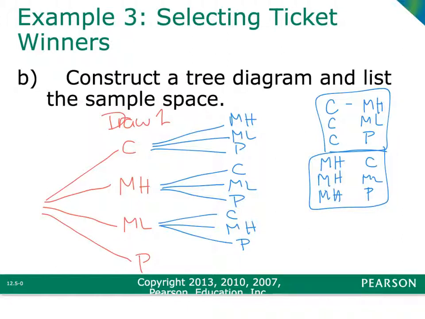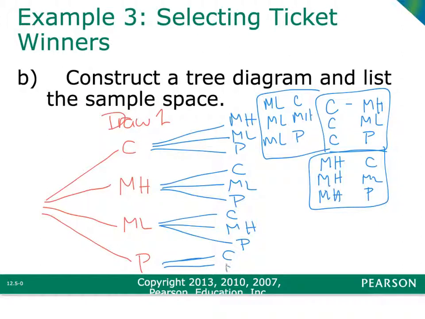So 3 more combinations. Mike L and Christine, Mike L and Mike H, Mike L and Phyllis. Well, maybe Phyllis won first, so that means Christine could win second, or Mike H could win second, or Mike L could win second. So the last possibilities are Phyllis and Christine, Phyllis and Mike H, and Phyllis and Mike L. So there's 12 different ways the tickets can be distributed.